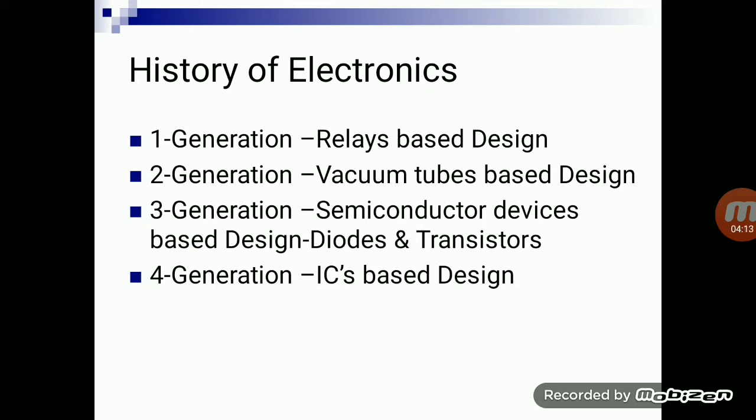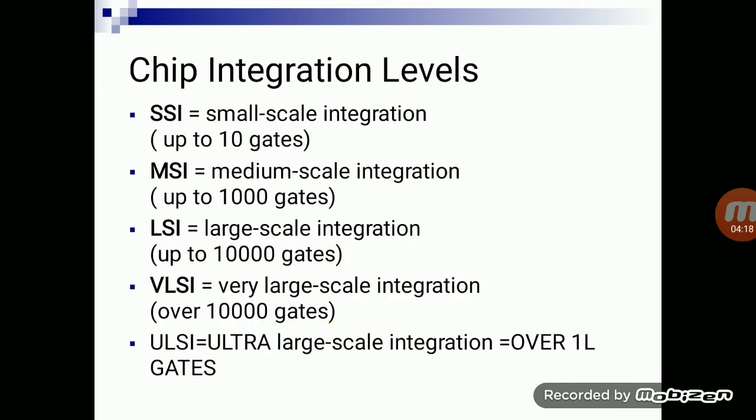Based on the integration, we have different types of IC technologies, which are the chip integration levels: small scale integration, medium scale integration, large scale integration, very large scale integration, and ultra large scale integration. In the olden days, we first implemented small scale integration, with only 10 gates in a single IC. After research, medium scale was implemented, with 1000 gates in a single chip.